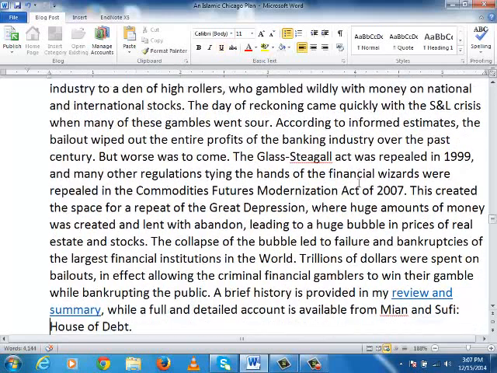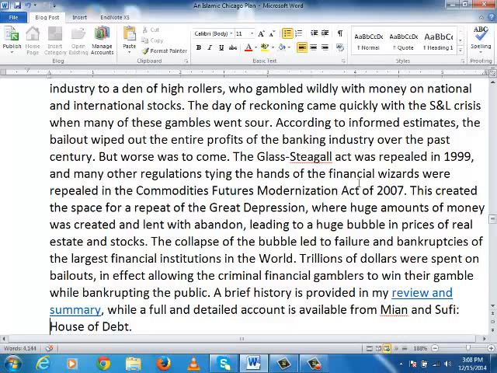As deregulation continued, the Glass-Steagall Act, a very important act, was passed in 1930 or so. Basically, the Glass-Steagall Act prevented the banks from investing in stocks or in any speculative venture. So it prevented the banks from gambling. That was repealed in 1999.